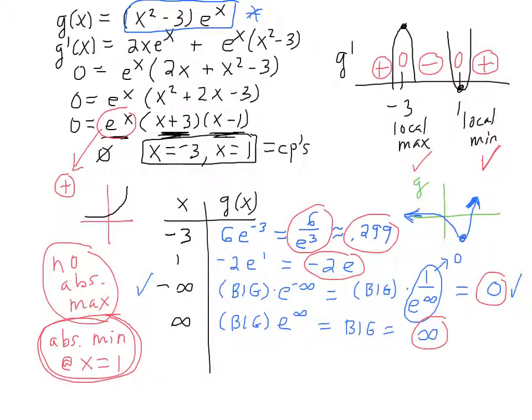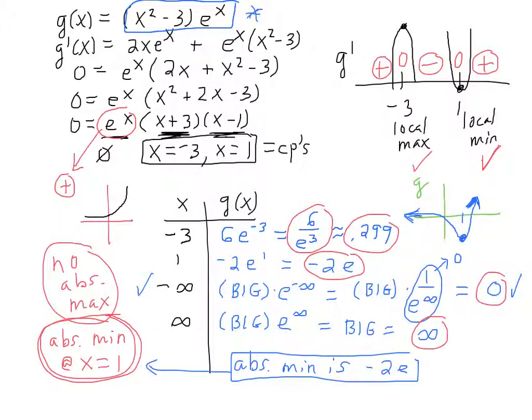But right here at +1, this is where we have our absolute min. Okay, and by the way, the absolute min is -2e. Okay, yes, it occurs when x is 1, but the actual absolute min is -2e. That's referring to the y value.